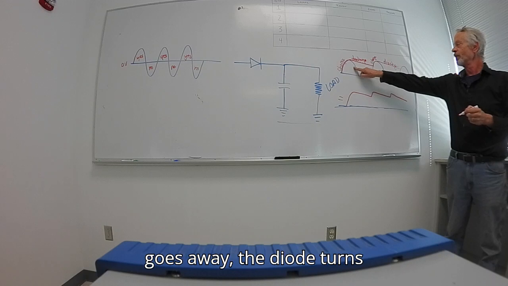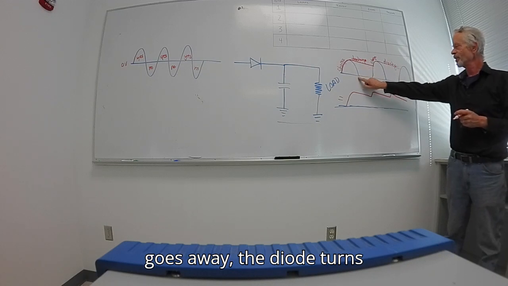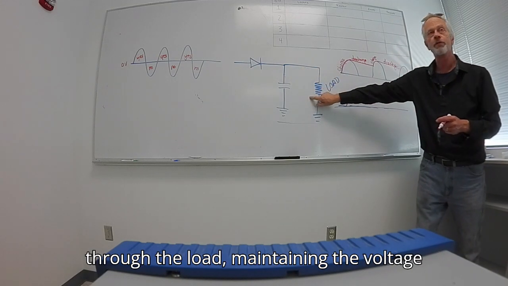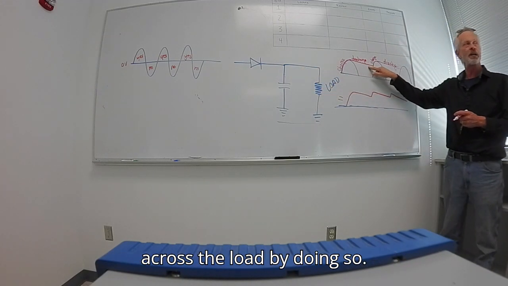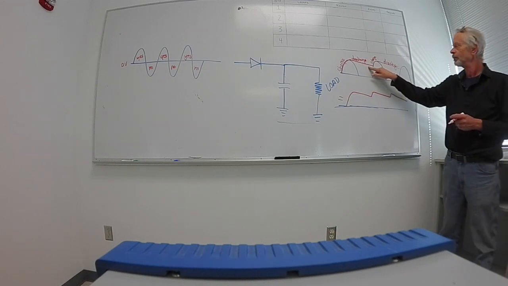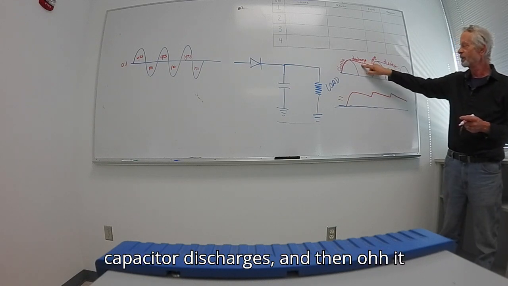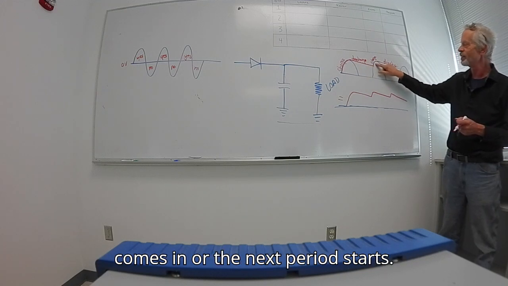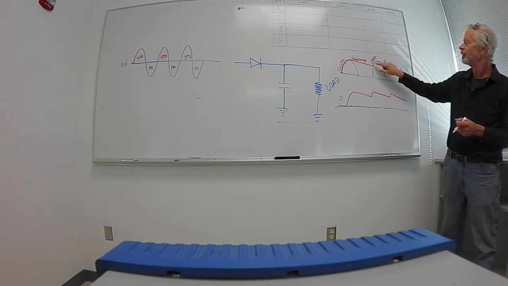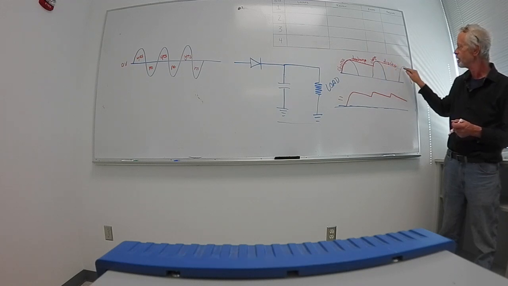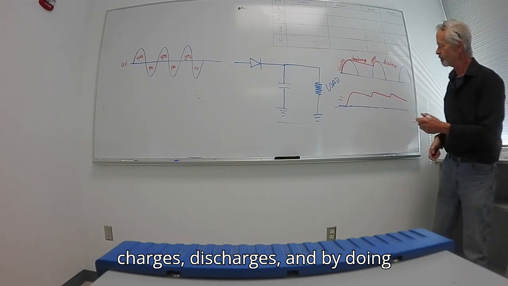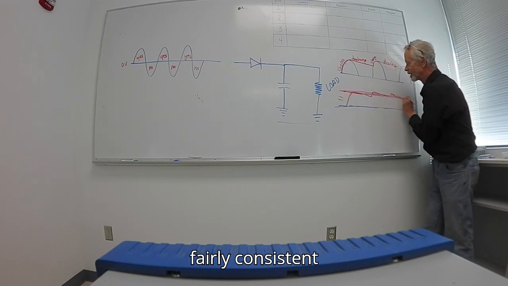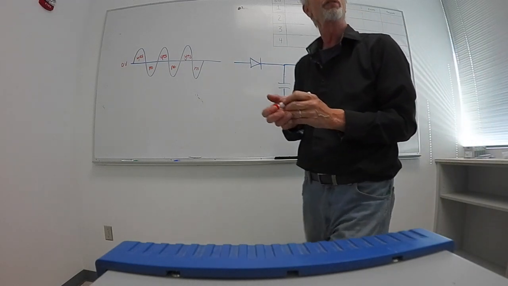When the input signal goes away, the diode turns off. The capacitor has no choice but to discharge through the resistor or through the load, maintaining the voltage across the load by doing so. It goes down, it gets lower, the capacitor discharges, and then it gets another boost when the next pulse comes in or the next period starts. Charges, discharges, charges, discharges. And by doing that, maintains a fairly consistent DC value.